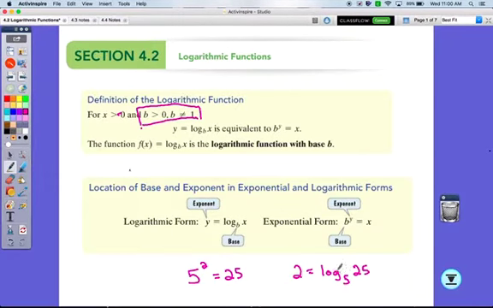The word log is short for logarithm. The base goes down in the subscript after the log, and the exponent and the answer to the exponential switch places. In exponential form the exponent is part of the work and then we have our answer, whereas in log form the answer is inside the log, and the exponent is over there by itself.